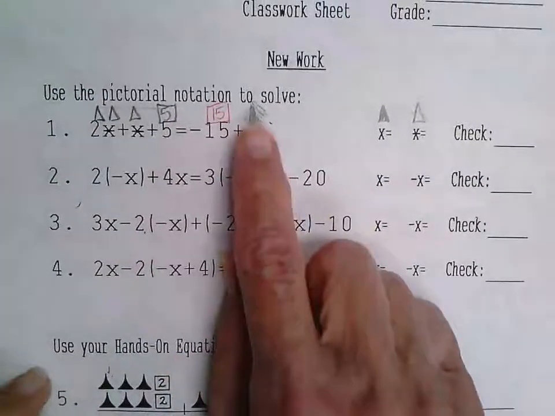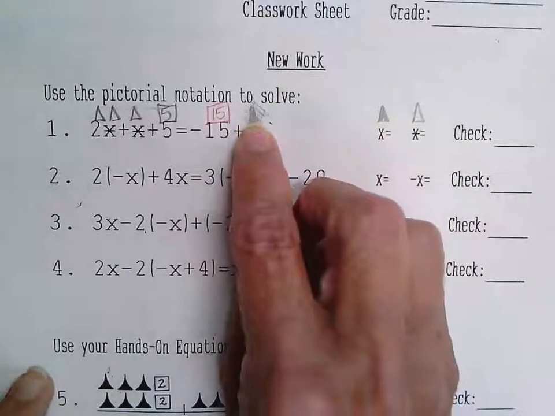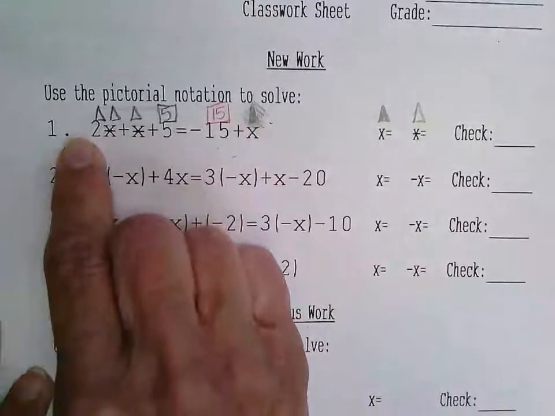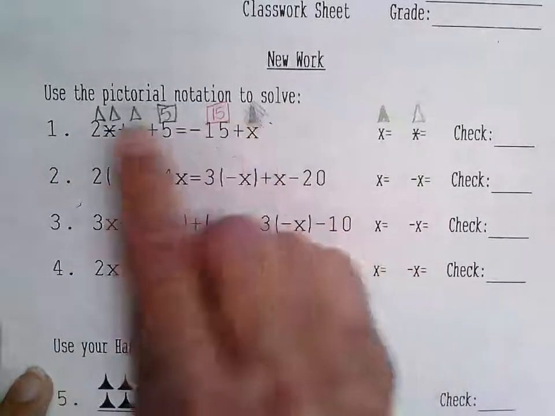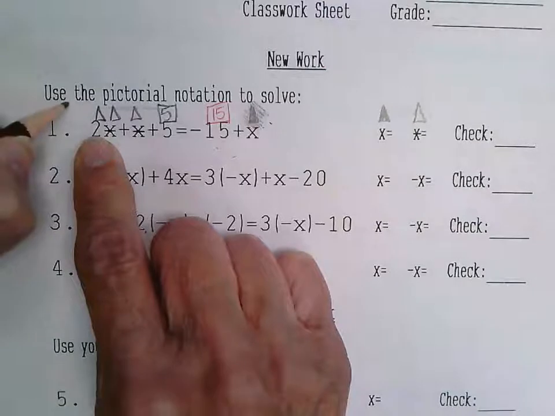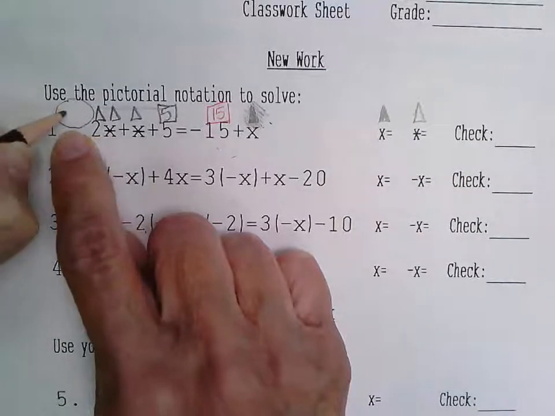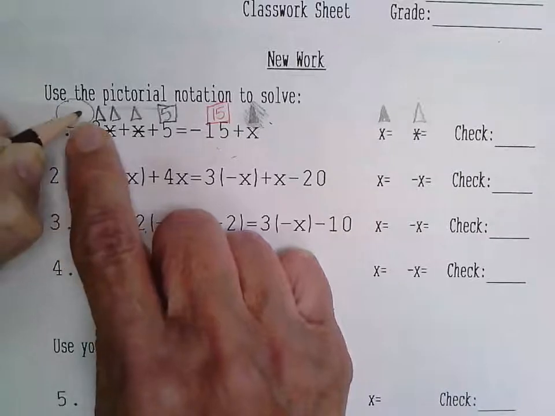And if I pull down or cross out a blue pawn on this side, I have to do the same thing on the other side. But I don't have a blue pawn over there. So what am I going to do? I'm going to use my strategy of adding a 0 pair, and a pair means 2.